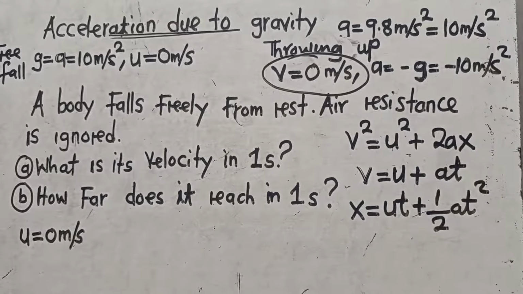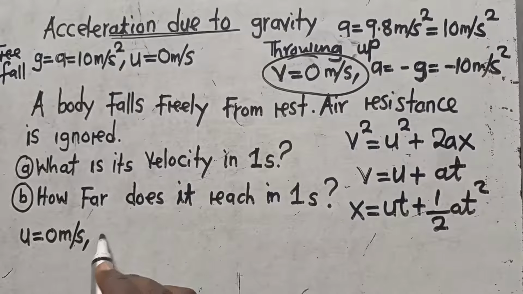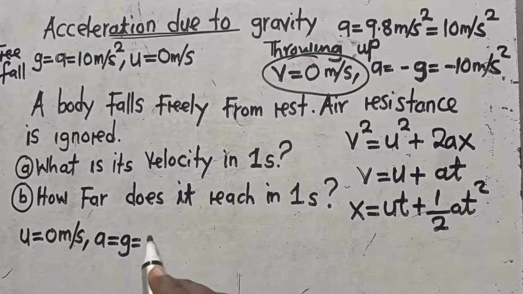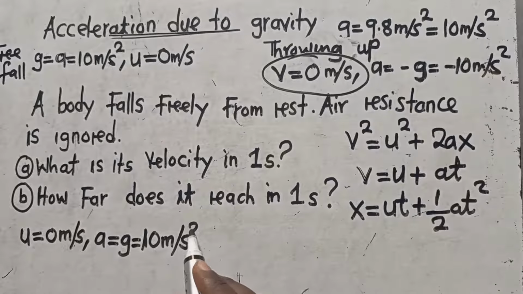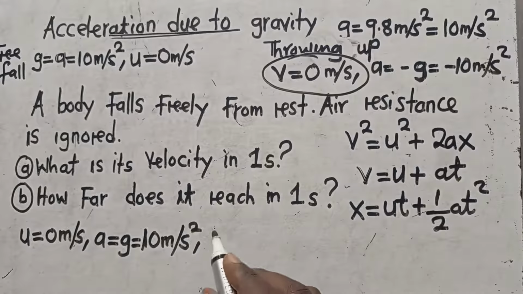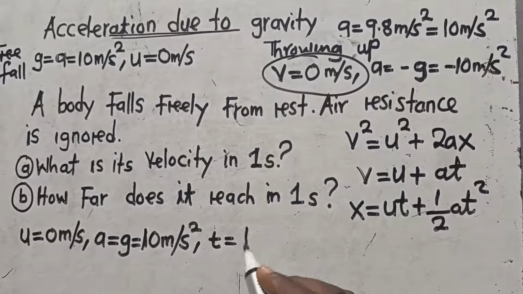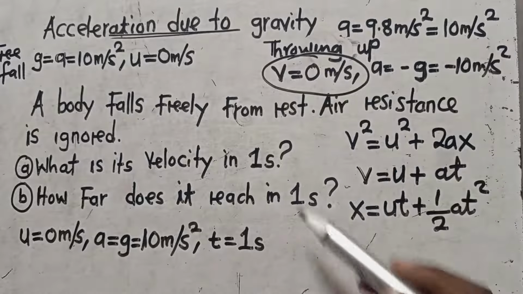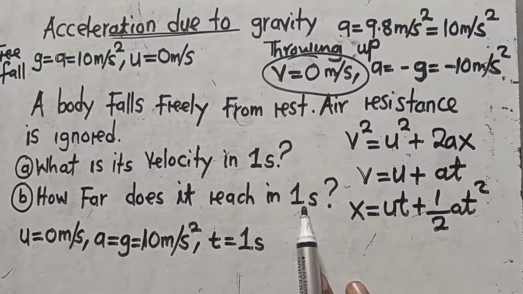We also have acceleration, which is due to gravity, which is 10 meters per second squared. We are also given time, which is 1 second. This information applies to both questions, because even there we've got 1 second.